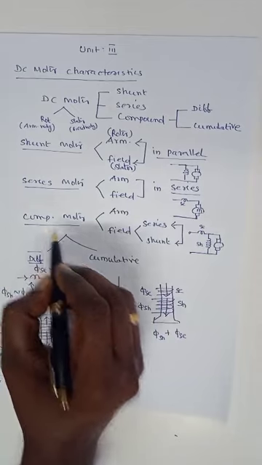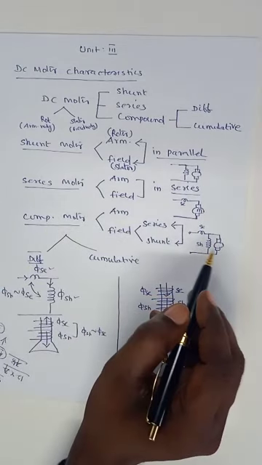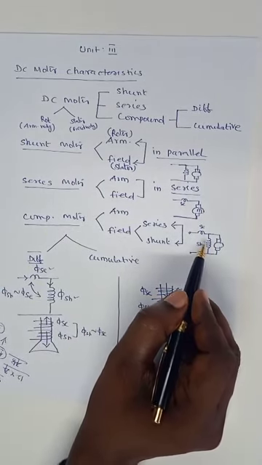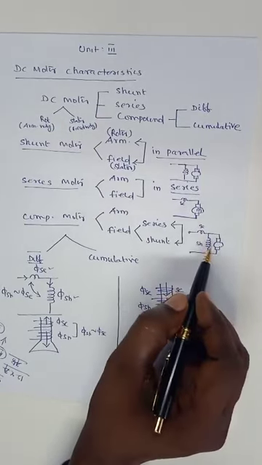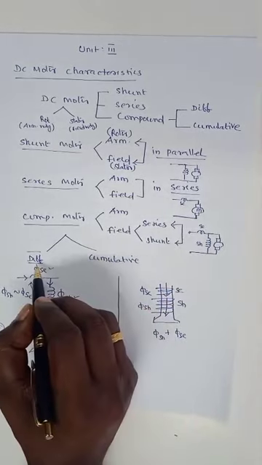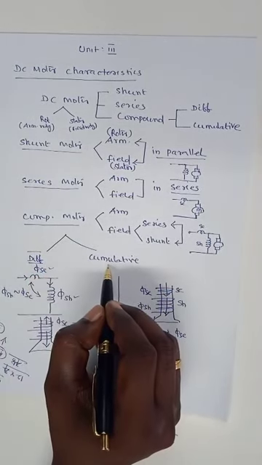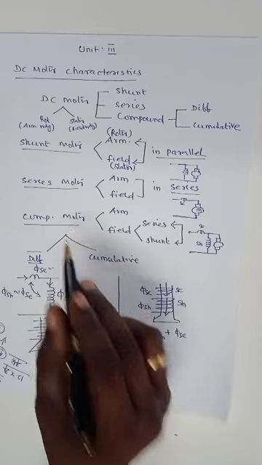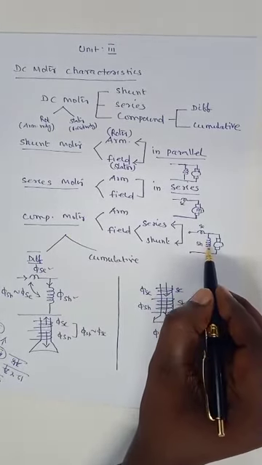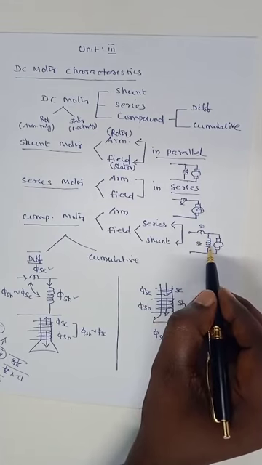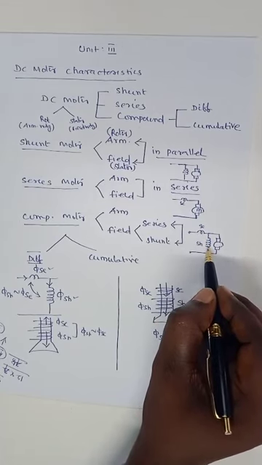In a compound motor, based on the connection and the number of field windings, it is classified into two categories: differential compound motor and cumulative compound motor. The compound motor has two field windings, a series field winding and a shunt field winding.